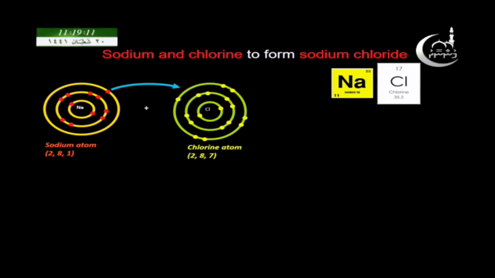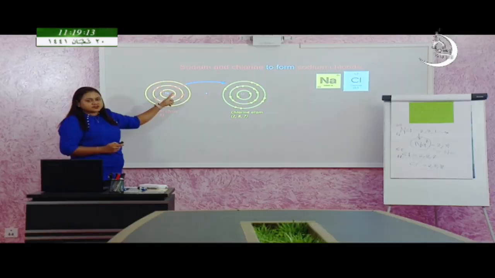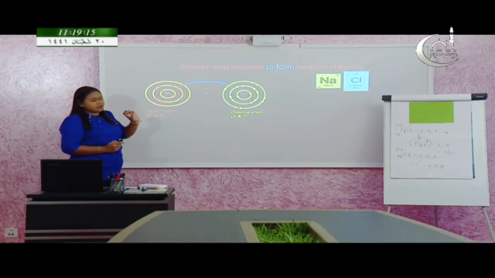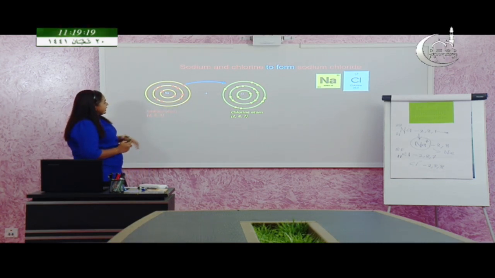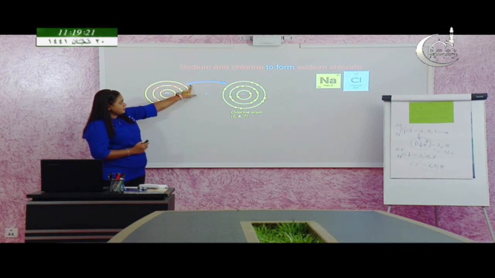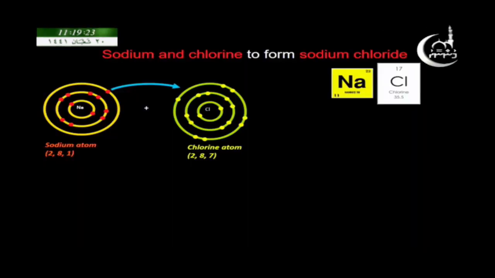Then I have drawn here the electronic structure, the full electronic structure of both the atoms. Now, you can see there is an arrow which I have placed from one atom to the other. Now, in the explanation I told you that ionic bonding involves the transfer of electrons from the metal to the non-metal.